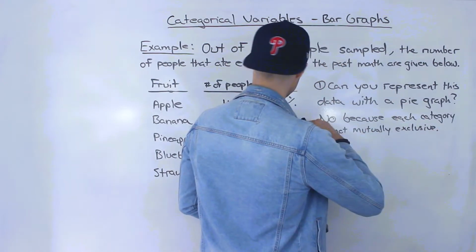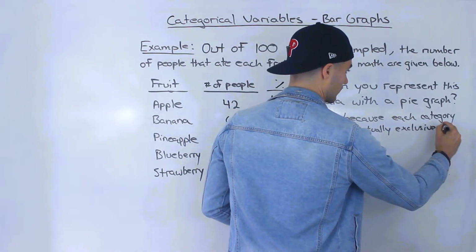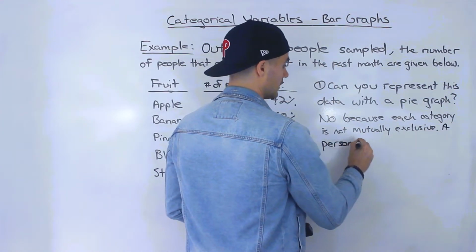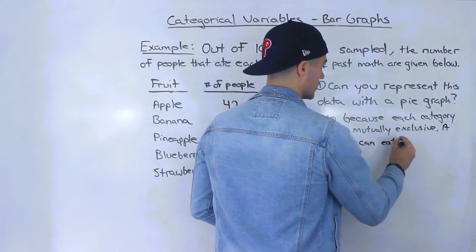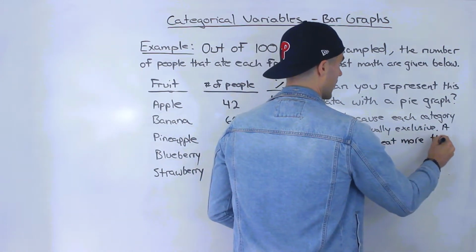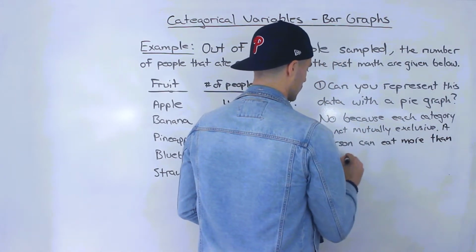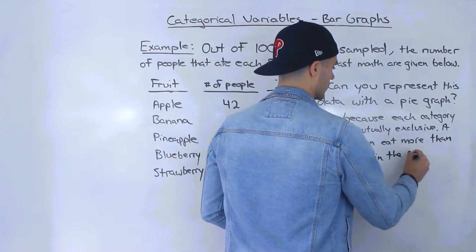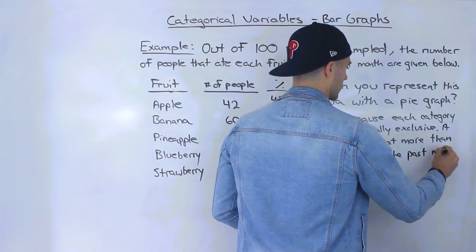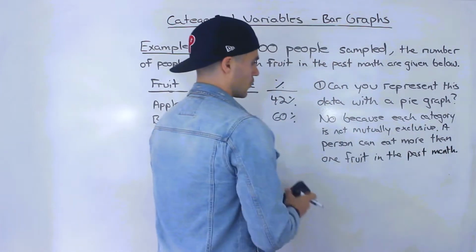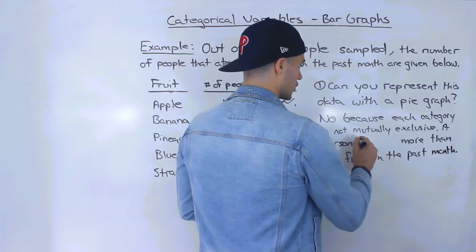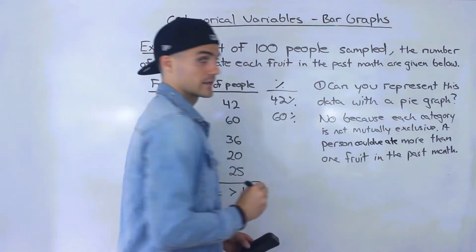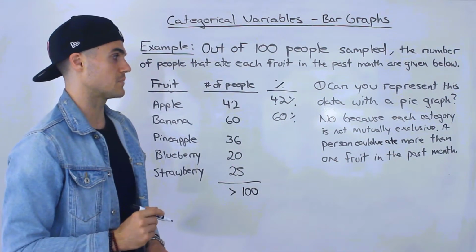More specifically, in terms of this example, one of the people sampled, one of the 100 people, can eat more than one fruit in the past month.